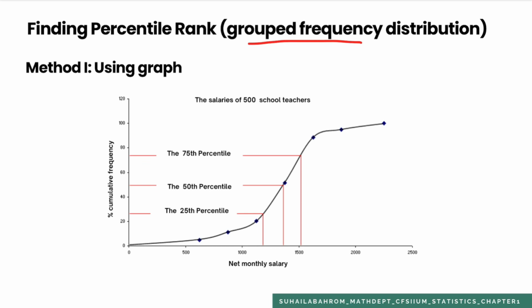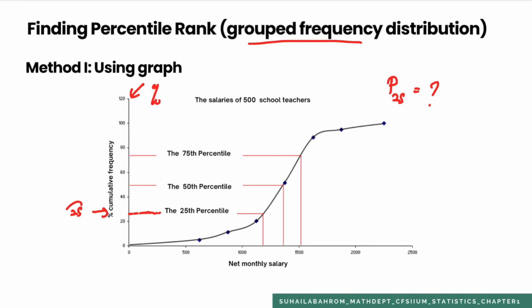So when you try to find out the data for percentile 25, you just have to draw a dotted line referring to the value of 25, provided that the y-axis here refers to the cumulative frequency in terms of percentage.